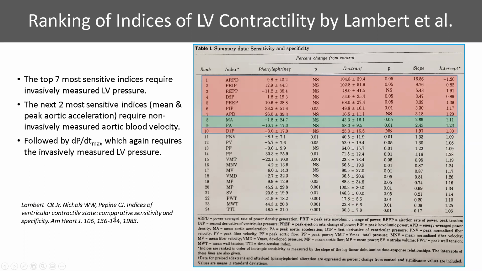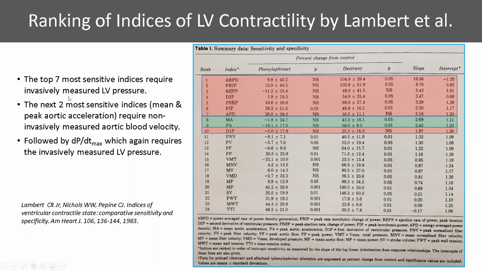They have looked over the years at all the measurement types for getting left ventricular contractility, and they did a study where they used all the methodologies for their application, and they ranked these methodologies in terms of their sensitivity and specificity. So here you can see the top 7 sensitive indices.